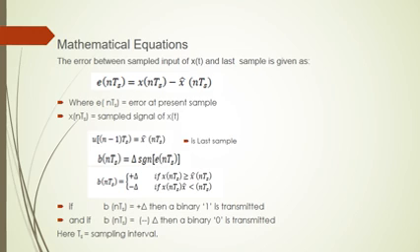Step size is increased if the present input signal is of higher value, and step size is reduced if the present sample signal is smaller than the past sample value. The bit 1 is transmitted for the increasing step size and bit 0 is transmitted for decreasing step size.